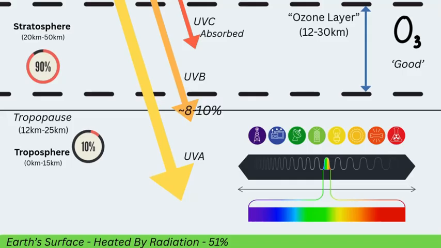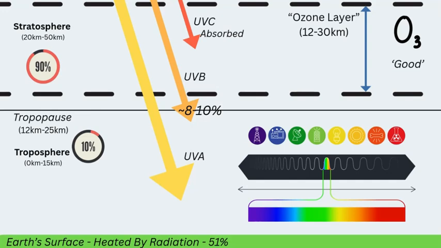And UVB, which is the next type of ultraviolet radiation, which goes from about 280 to about 315 nanometers in wavelength. This is absorbed, and up to around 10% of that UVB is allowed through the ozone layer and through into the troposphere.